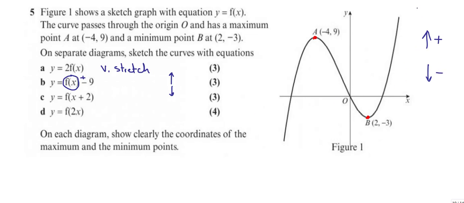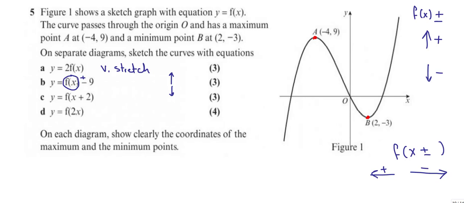خلاص. This is when I have what? When I have f of x plus or minus. لكن if I have f of x كده plus or minus inside the bracket يعني the shifting is on the x axis معناها shift right and left. خلي بالنا بقى الماينس يعني right والpositive يعني left. خلاص.